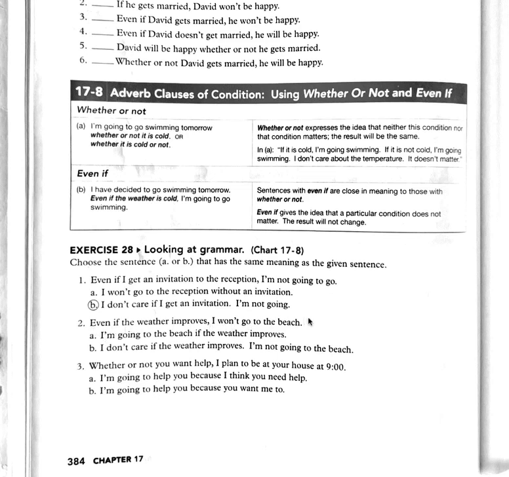Which one has the same meaning as the given sentence? The answer is B again. I don't care if the weather improves. I'm not going to the beach. See? Here I'm not going to go. Even if the weather improves, I won't go to the beach. Okay? So it's letter B.